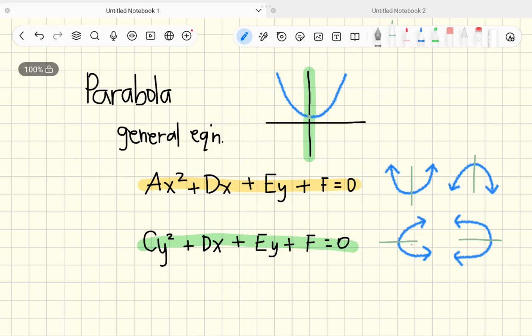Now, what about the standard equations? What will be the standard equations of your parabola?